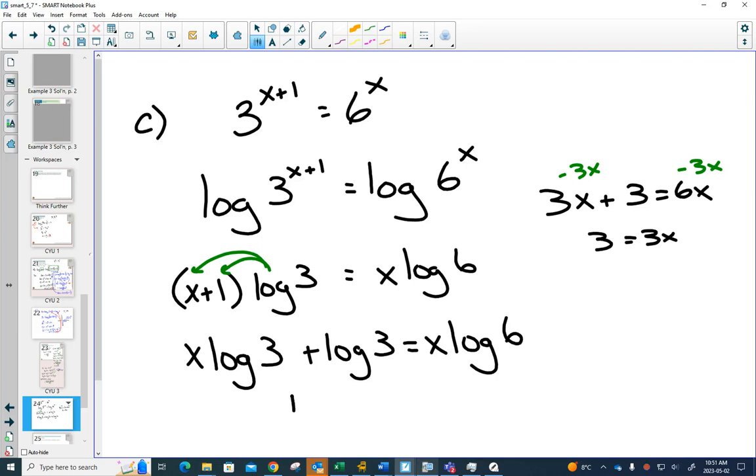When I subtract the x log 3 on both sides, our mental math isn't there. It's like, I don't know what log 6x minus log 3x is equal to. I don't have the skills to do that mental math in my head.